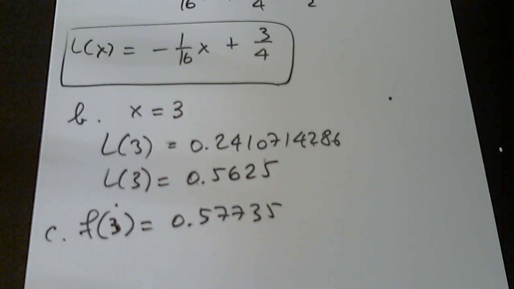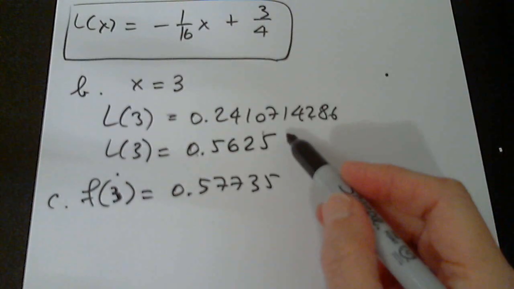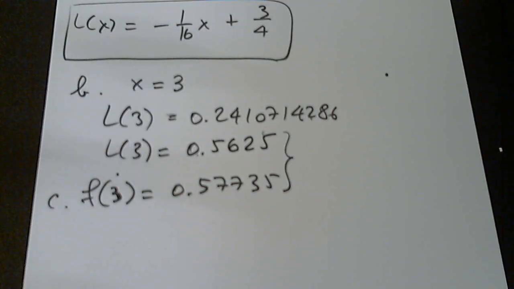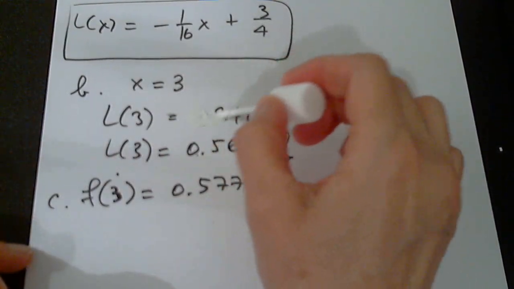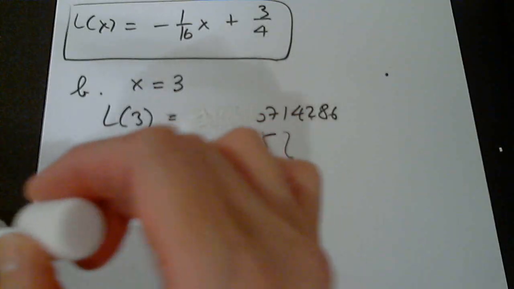So that was it. 1 over the square root of 3 is 0.577, and our calculation using the line, negative 1 over 16 times 3 plus 3/4, is this. For some reason, I put 7 instead of 3/4 here. That's why that was the error. Okay, so we are comparing these two. Allow me 1 second to make sure that I don't forget to eliminate the error.